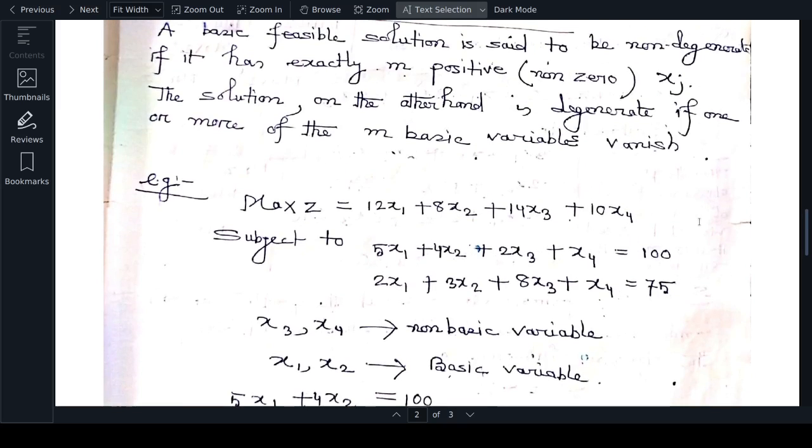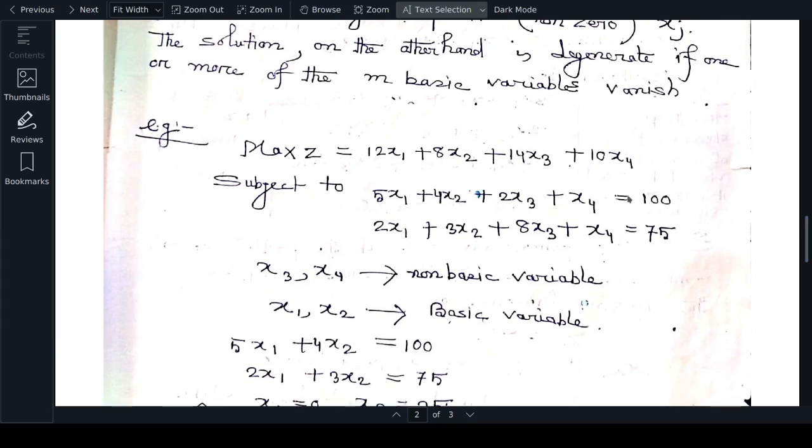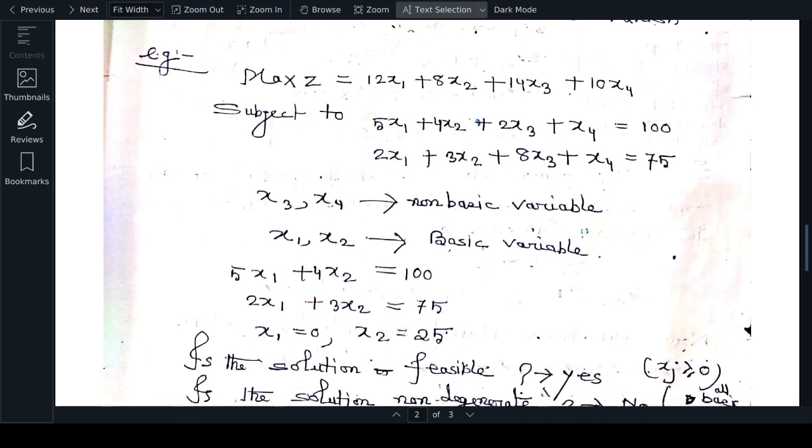Okay, so everyone clear? Sir, after taking x3 and x4 as 0, then we will see if x1 is 0 or x2 is 0. Then we will say whether it is degenerate or non-degenerate.